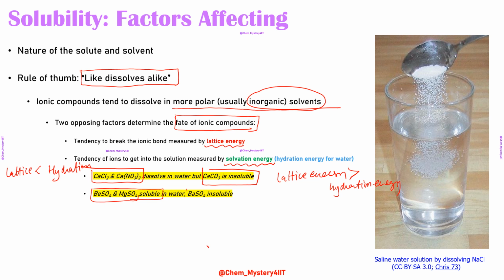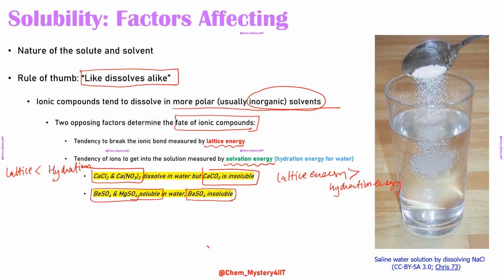And barium sulfate, on the other hand, is going to be insoluble. Here, barium ion being bigger, successively the solvation energy term becomes relatively smaller and smaller, and finally we get the situation that barium sulfate is insoluble. So for sulfates, if you go down the group, this is the second group, that is alkaline earth metals, the solubility decreases.